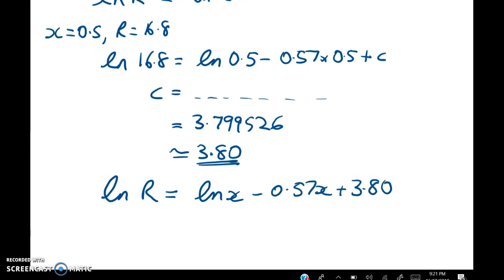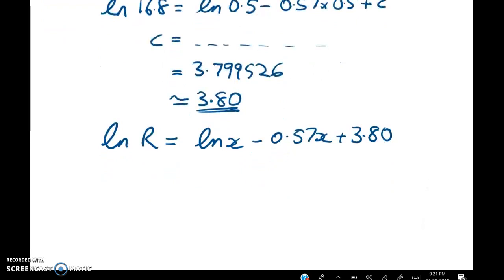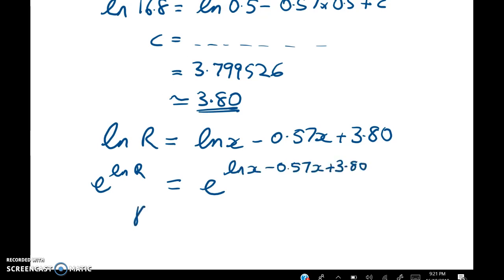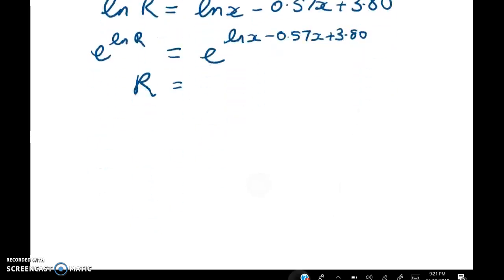Now we want to get an expression for R, so we're going to do e to the power of both sides. We'll do this nice and slowly, so e to the power of all this. And now, of course, I'm going to break those up into separate bits. So we get R is equal to X times e to the negative 0.57X.